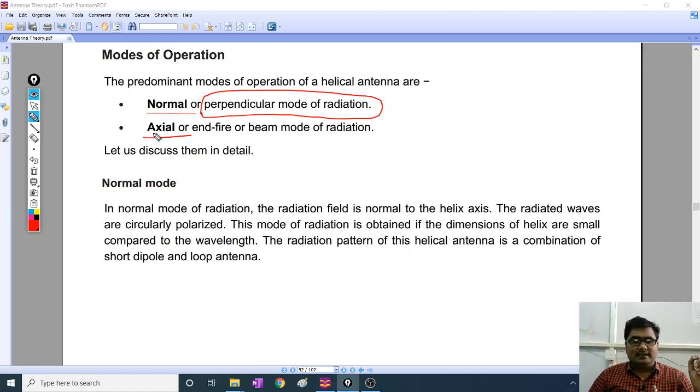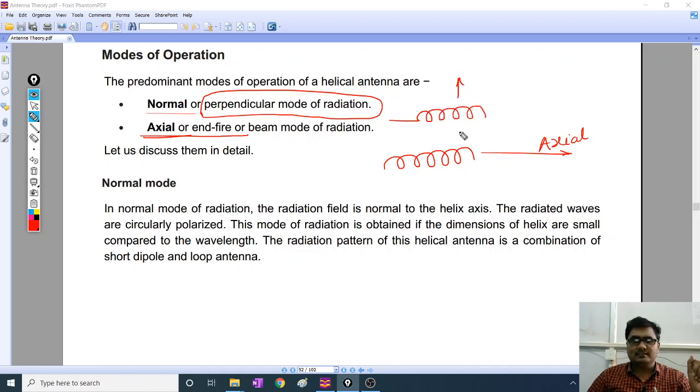And axial means end fire. For example, if your helix is like this and it is radiating in this direction, then it is axial. And if your helix is this and it is radiating in those directions, then it is normal.